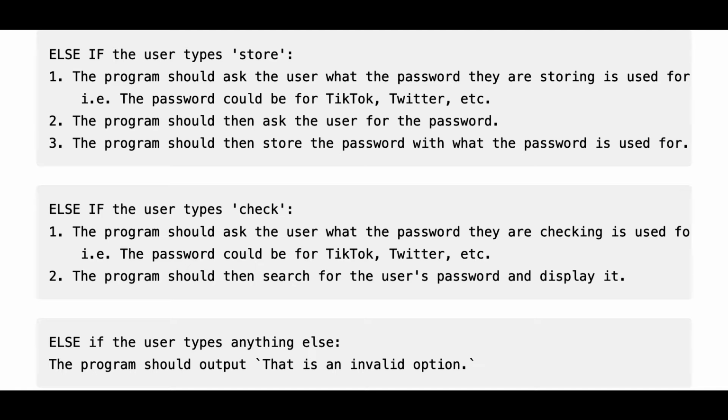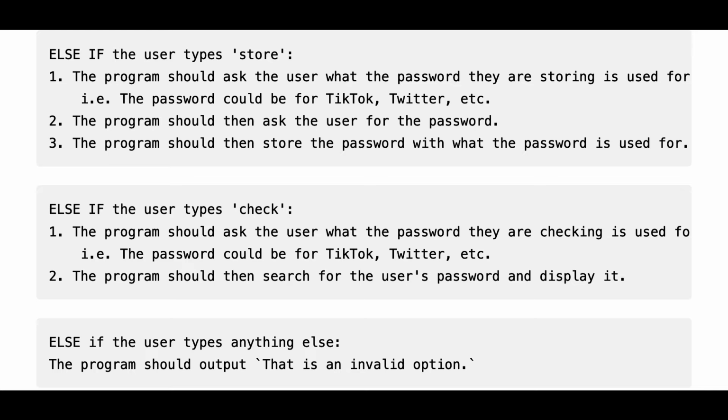Alright, so the two conditions we'll be tackling this time are store and check. For our store condition, we'll be asking the user what the password is for, and then what the actual password is, and finally we'll store the password along with what it is used for.